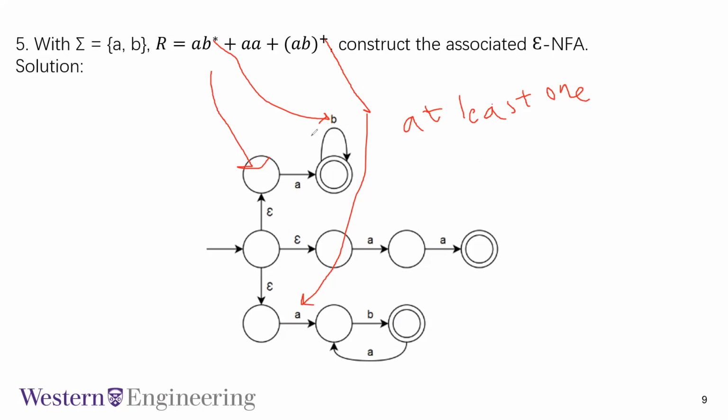Because the regular expression is composed of 3 atoms, so we need a starting state, and to use these epsilon arrows pointing to each atom.